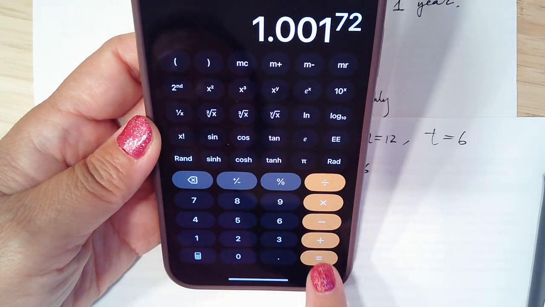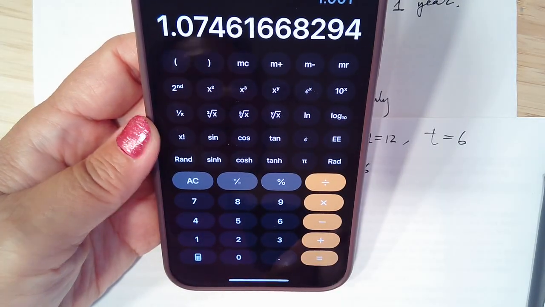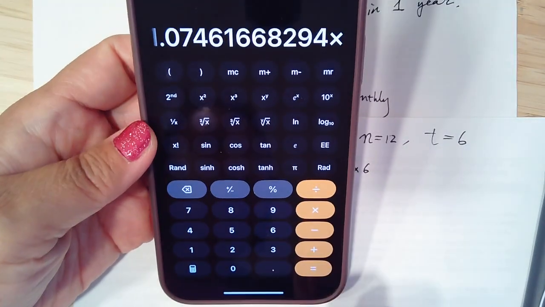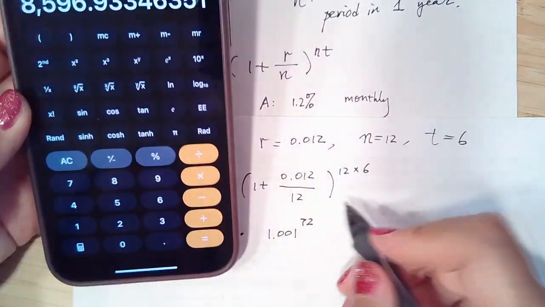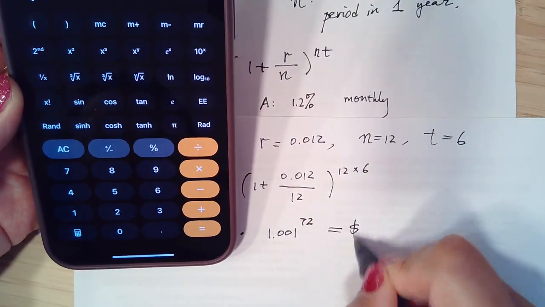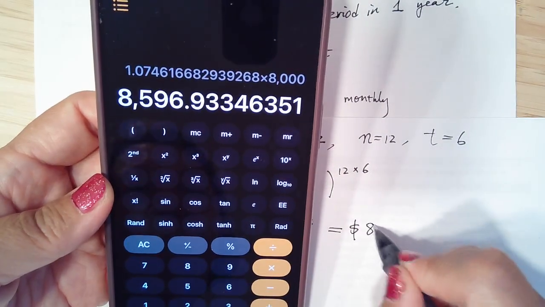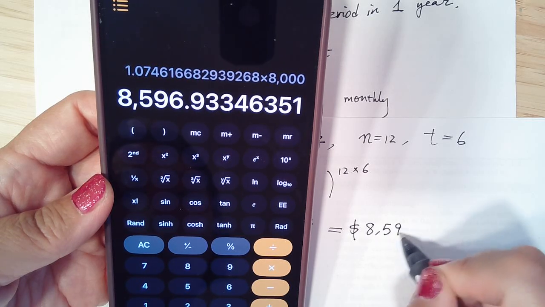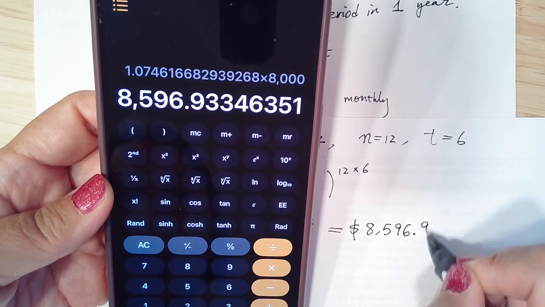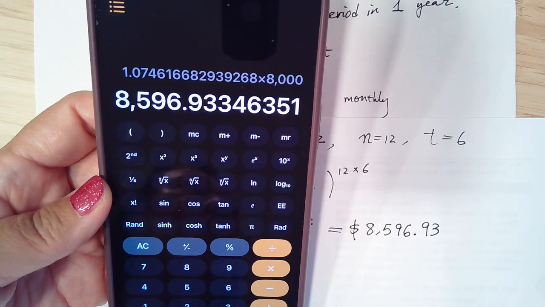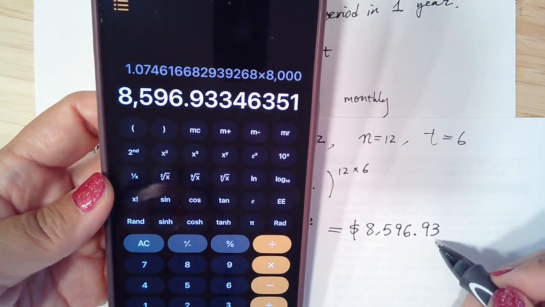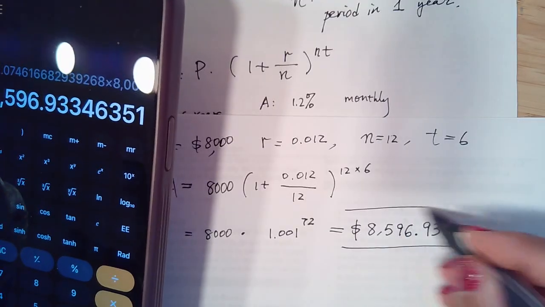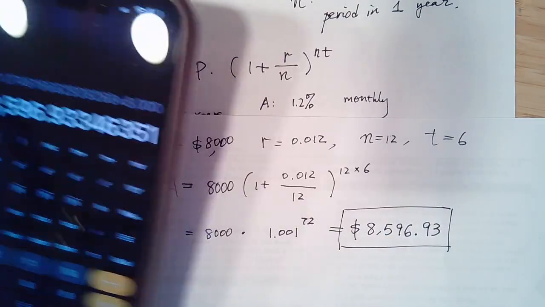Then I just multiply by 8,000. Ding, that's how much money. After 6 years, I will get $8,596.93. I stop at the penny, 2 decimal places after the point. So this is how much you're going to get from bank A.